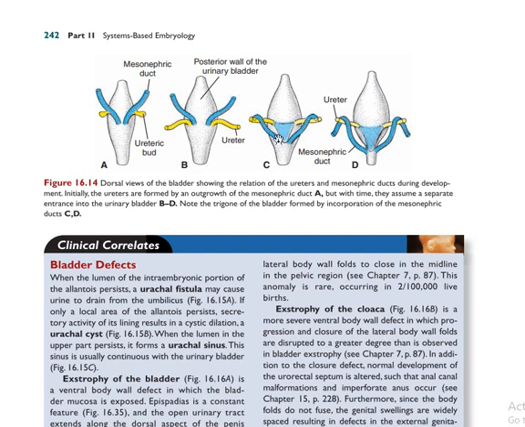So posterior to the bladder, you have a representative structure, which is going to show the insertion point of the ureter and the insertion point of the ductus deferens, or the ejaculatory duct, inside the bladder.